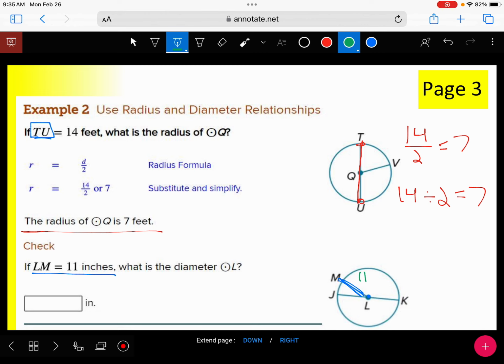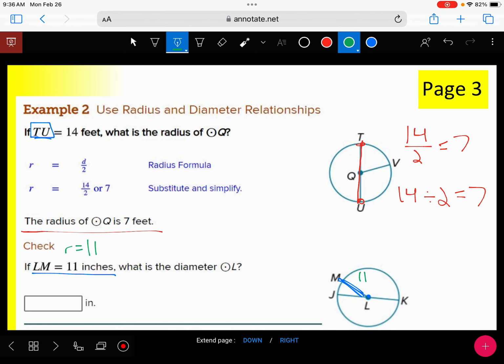I'm going to write it in. So we are given that our radius, or our R, is 11 inches. We are asked to find the diameter. What do we have to multiply by the radius to get the diameter? 2.